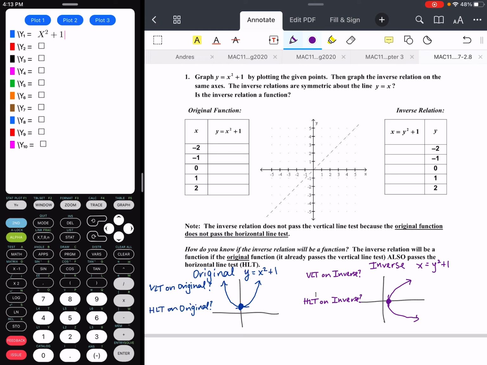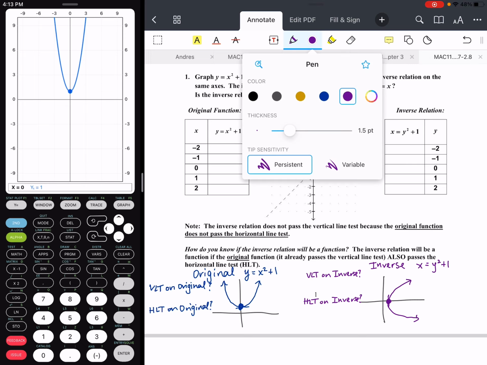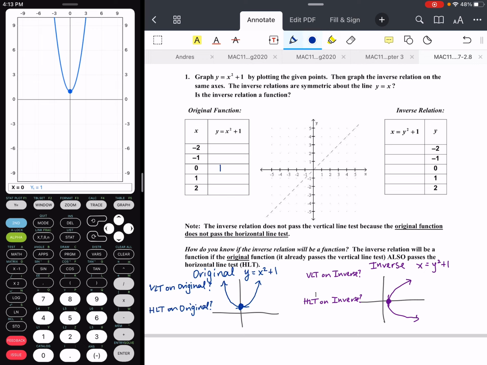I'm going to pull this up in my graphing calculator. This will be an upward-facing parabola. I can see the vertex is at (0, 1). If I use the trace key for x equals 0, y equals 1. So we have the ordered pair (0, 1). I can see that my parabola goes through that as the vertex.